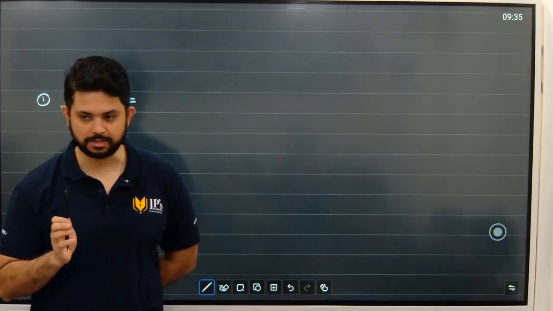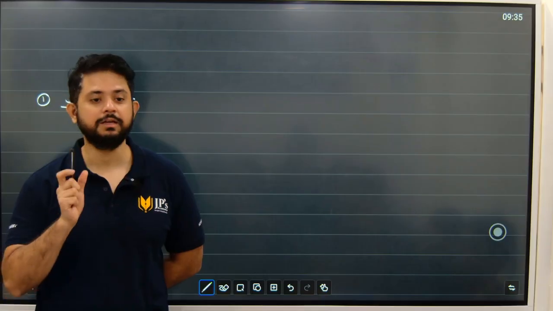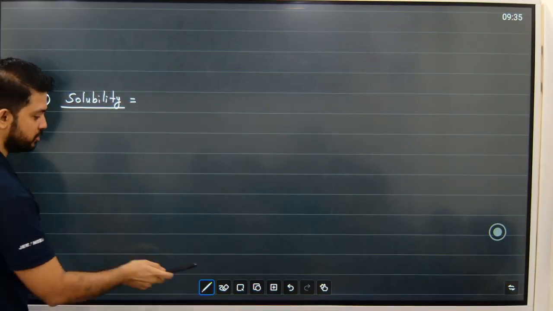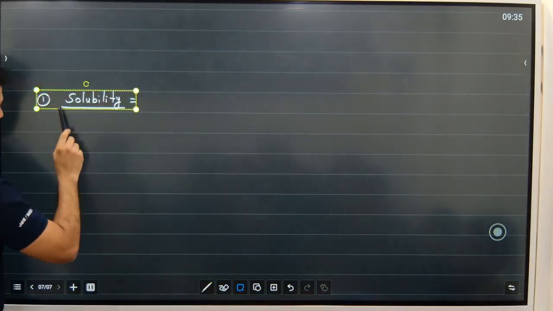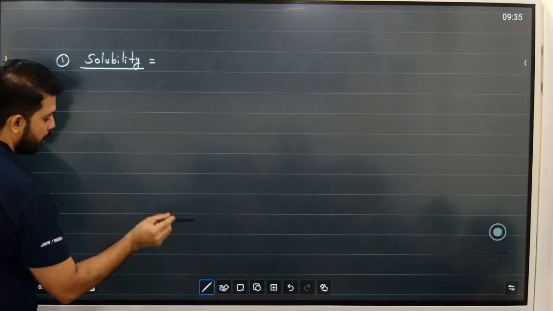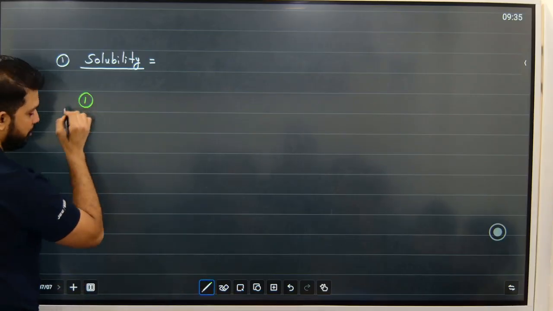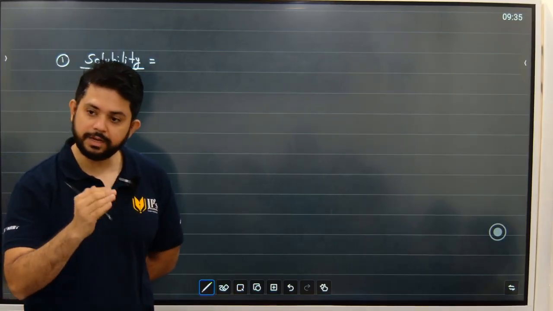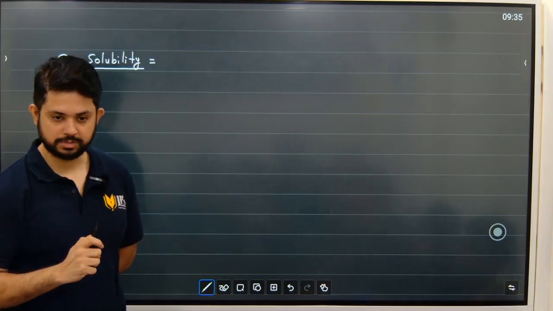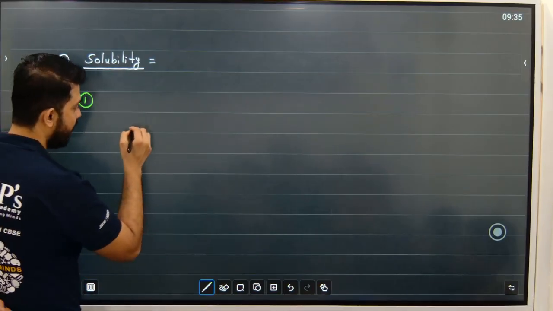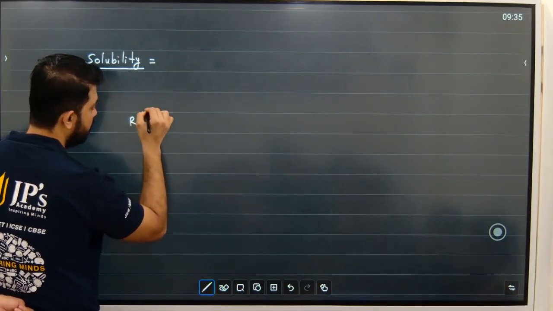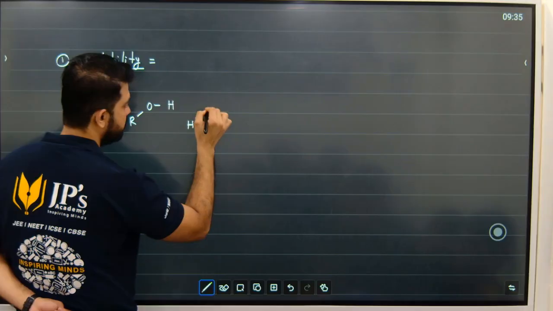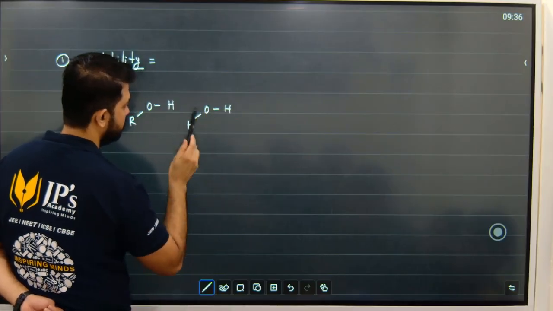Preferences may differ, soda thumbs up, but we know that alcohol is soluble in water. So why is alcohol soluble in water? Because polar compounds are soluble in polar compounds. And the reason for that is alcohol forms hydrogen bonds with water.